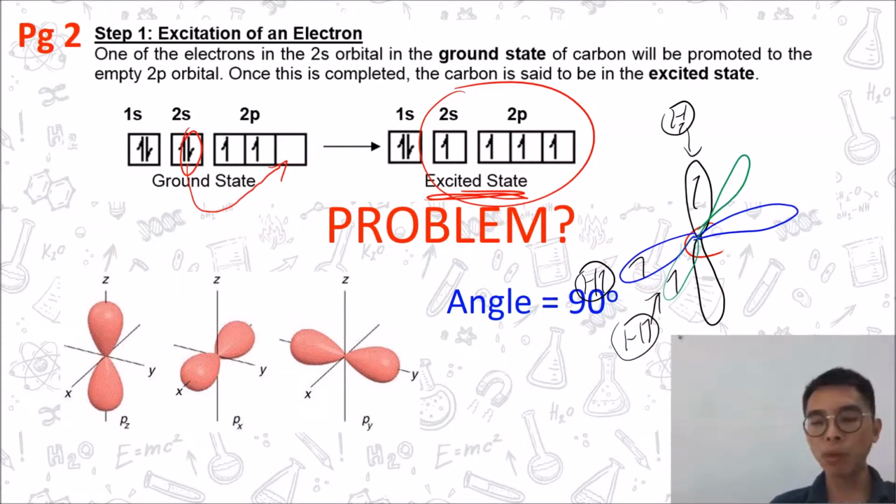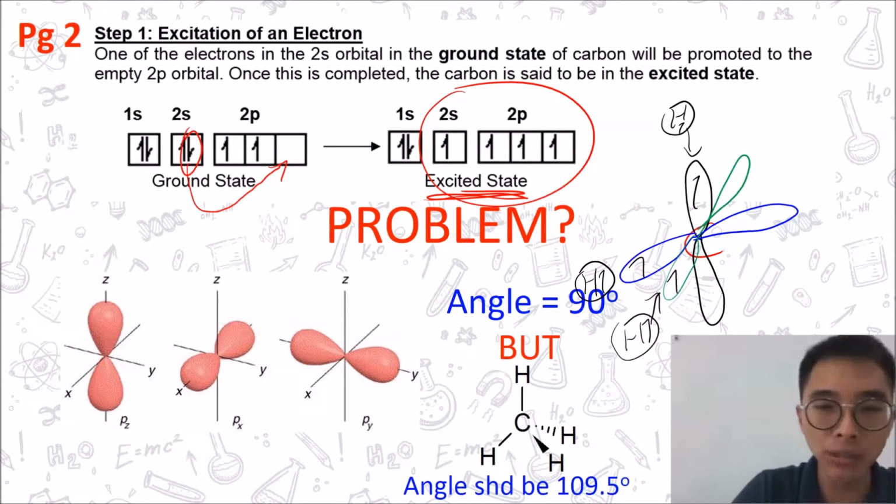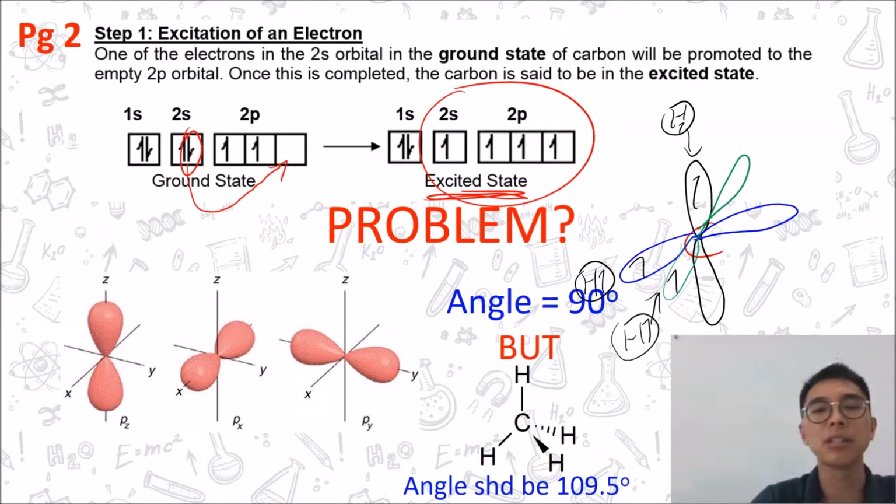But what is the problem? It means that my methane molecule will have a bond angle of 90 degrees because of the way the p orbitals are oriented. But we know that is not true. A methane molecule has a tetrahedral geometry. The angle should be 109.5 degrees, not 90 degrees. So therefore there's a problem over here.